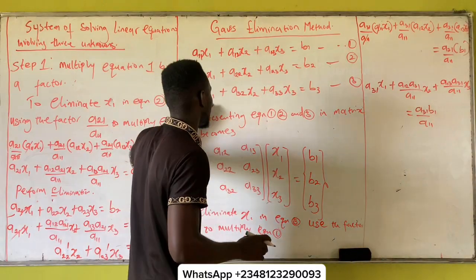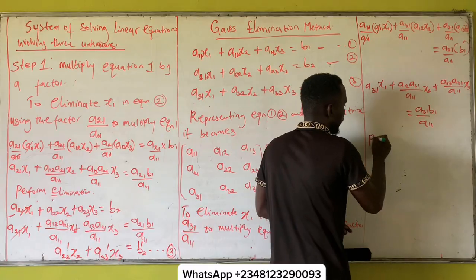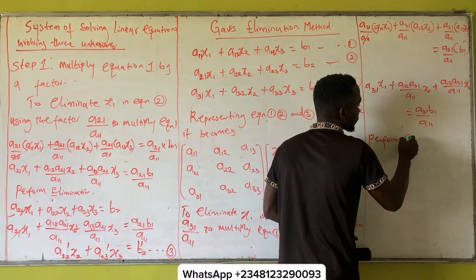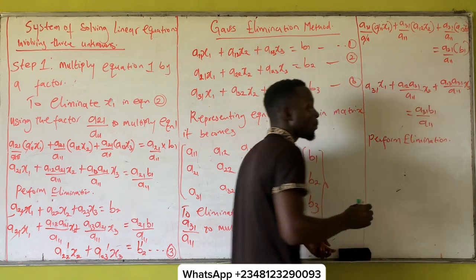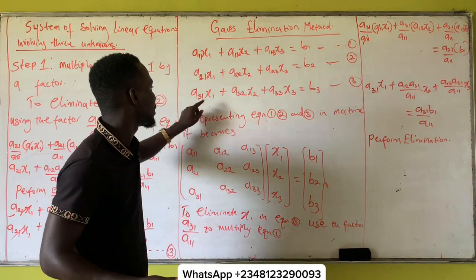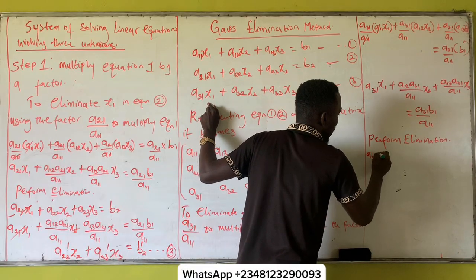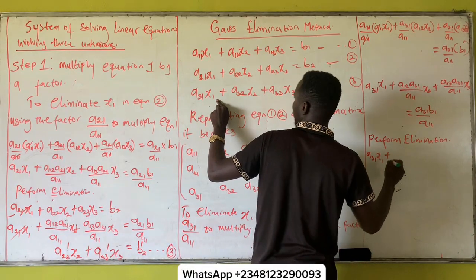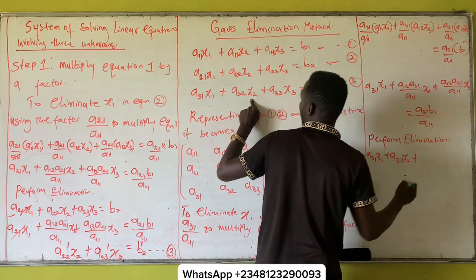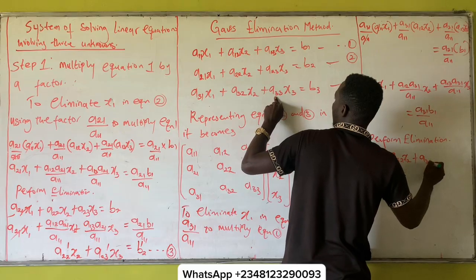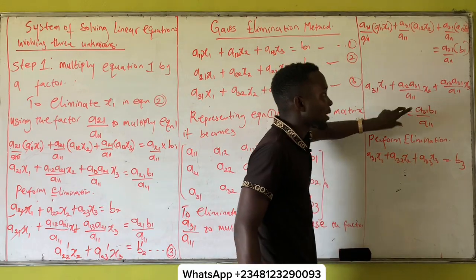Remember, we're trying to eliminate this x1 from equation 3. So the next step is to perform the elimination. What is the equation we are trying to eliminate x1 from? Equation 3 is A31 x1 plus A32 x2 plus A33 x3 equal to B3. Now look at the equation we formed.